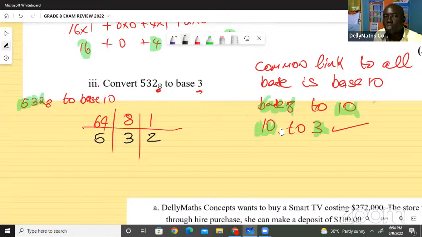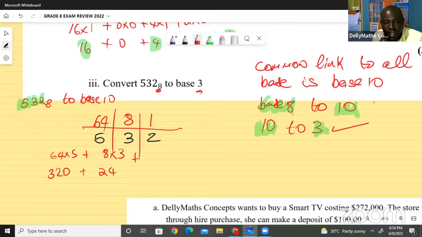That's all. Now that I have them, I'm going to multiply 64 times 5. We want to find out what is 64 times 5. That's 320. And we want to add that to 8 times 3, which is 24.